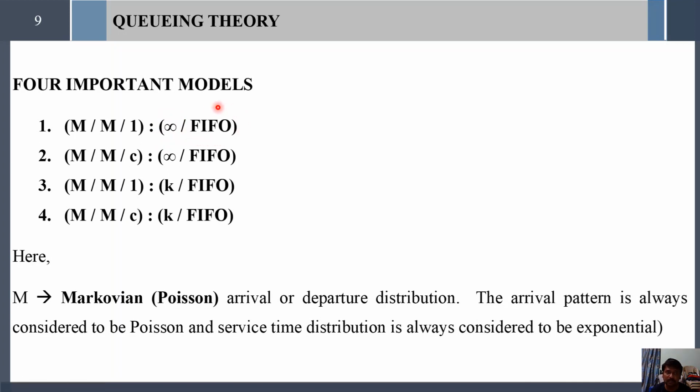And this place is the queue discipline. Here we are going to see all problems under the FIFO model, I mean first in first out model. Always note one thing: the arrival pattern follows the Poisson process, and the service time distribution or service pattern follows the exponential distribution. Note this important point as per the law of queuing theory.